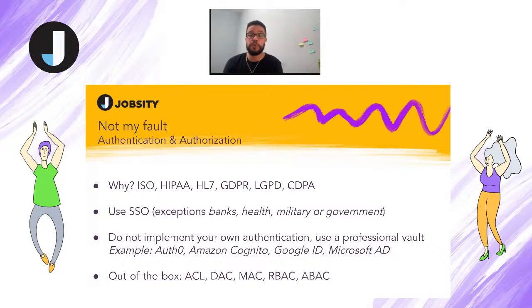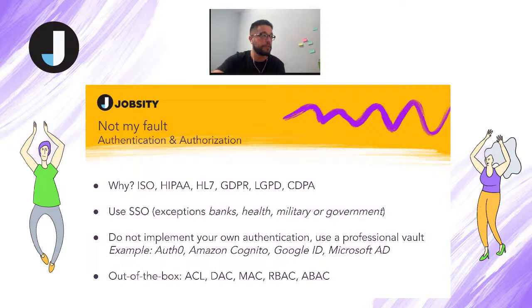So Google, Amazon, Auth0 and Azure offer vaults with military-level encryption and authentication, and out of the box they also offer ways to manage ACL and RBAC. So you can also have fine-grained tuning of the permission level of your API.